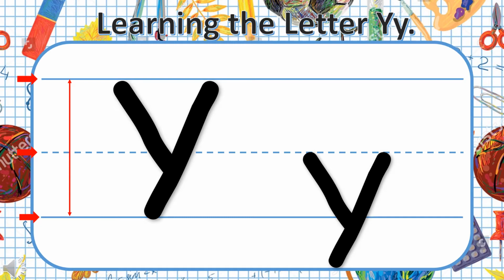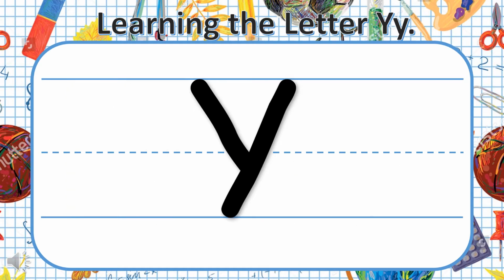Your lowercase letters mostly will touch the middle line and the bottom line. But in the case with the letter Y, he has a tail that hangs over the bottom line. So this letter goes past your bottom line. Remember this.